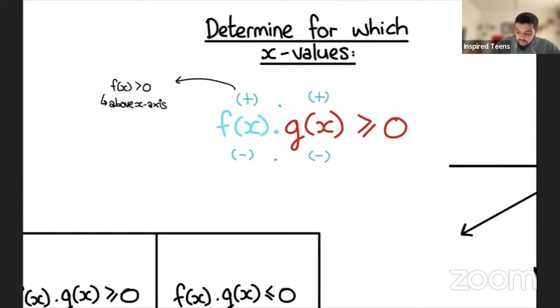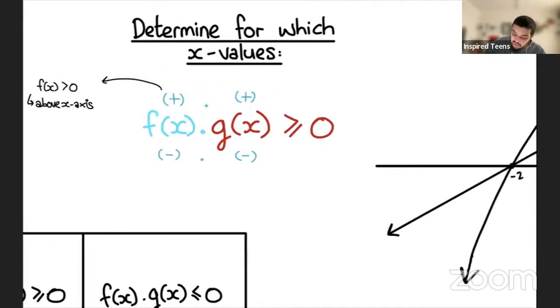Its y value is greater than 0 also, which means it's above the x-axis. What does g of x being greater than 0 mean? Same thing, above the x-axis.